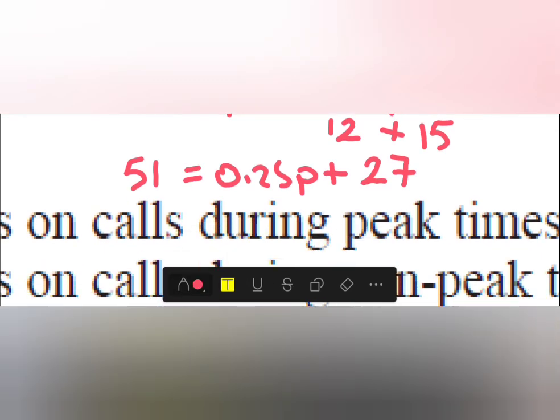Now, I added these after multiplying. I added it with 15, so I got 27, which is positive 27. Now, the whole formula is like this: 51 equals 0.25p plus 27. Now, what I can do is take this 27 to the other side by making it negative.